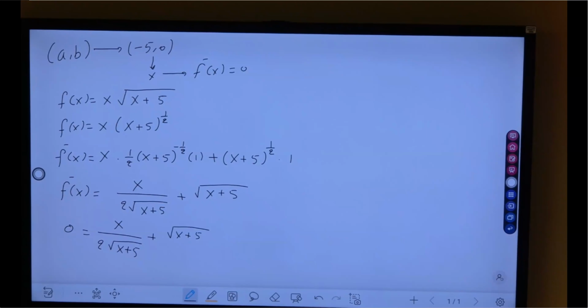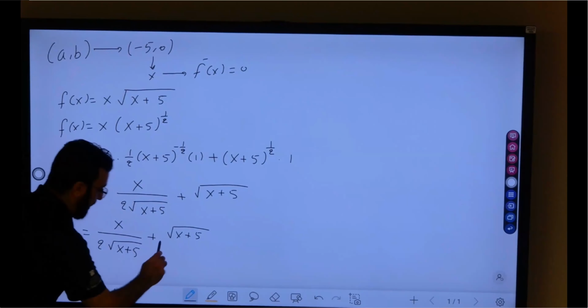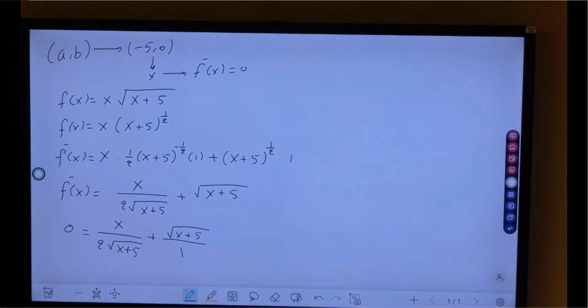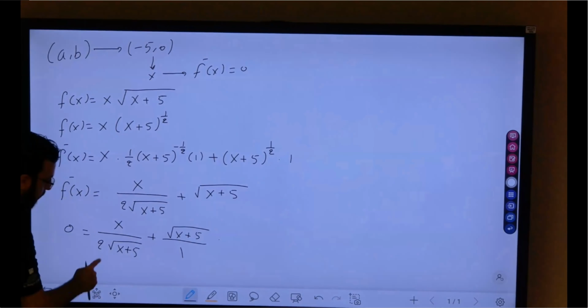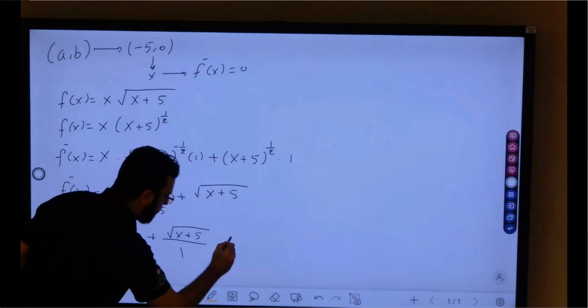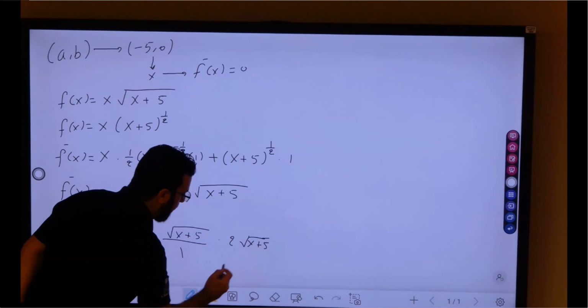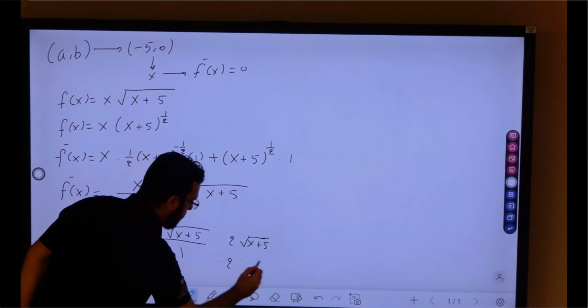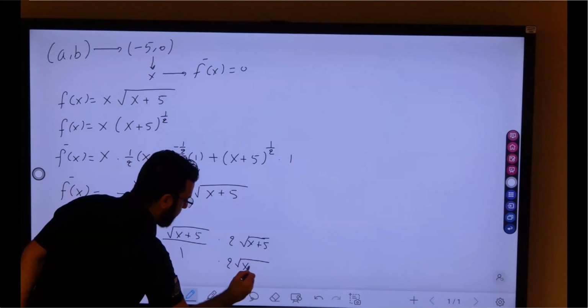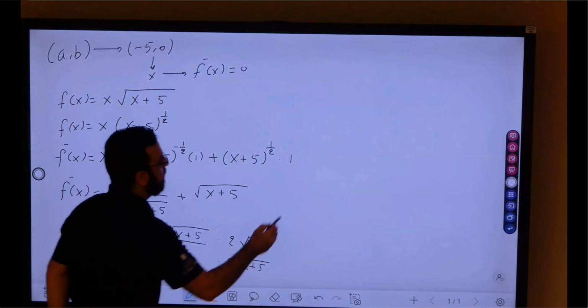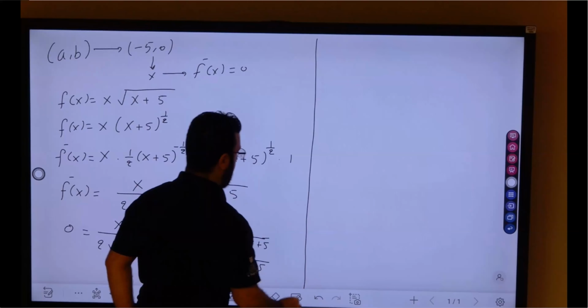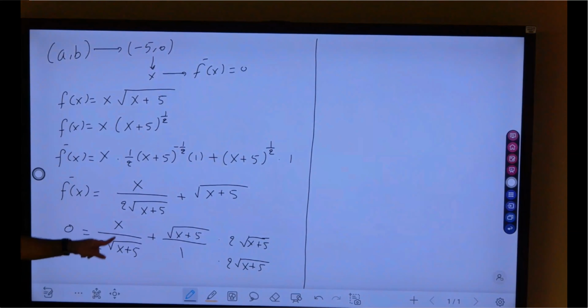Least common denominator. This is over 1, and to find the least common denominator, we're going to multiply by 2 square root of x plus 5, and this side we're gonna keep the same.